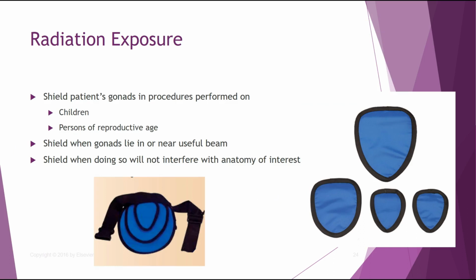Okay, radiation exposure. They are mentioning shielding patients' gonads and procedures performed on children, etc. In our experience, though, when the radiographer enters an OR room, the patient's already been positioned and draped, and there is really a very small, minuscule chance that you're going to be able to shield a patient that's under drapes, okay?